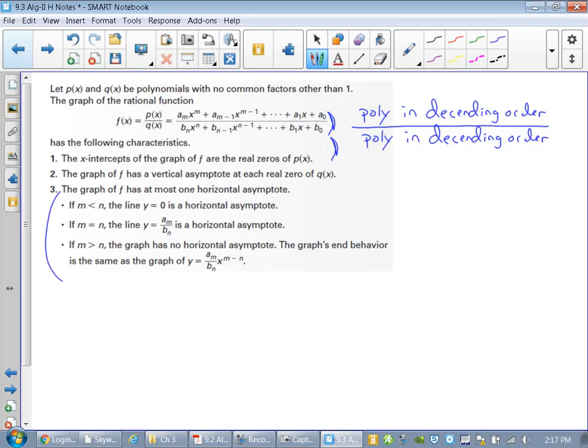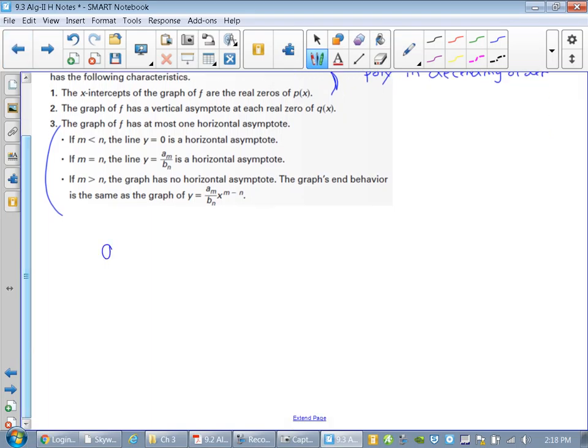What happens with this last part, they're talking about the different degrees. The degree of the top versus the degree of the bottom. The degree of the top is the m value. So if the degree of the top is smaller than the degree of the bottom, m is smaller than n, then you have a horizontal asymptote at y equals 0.